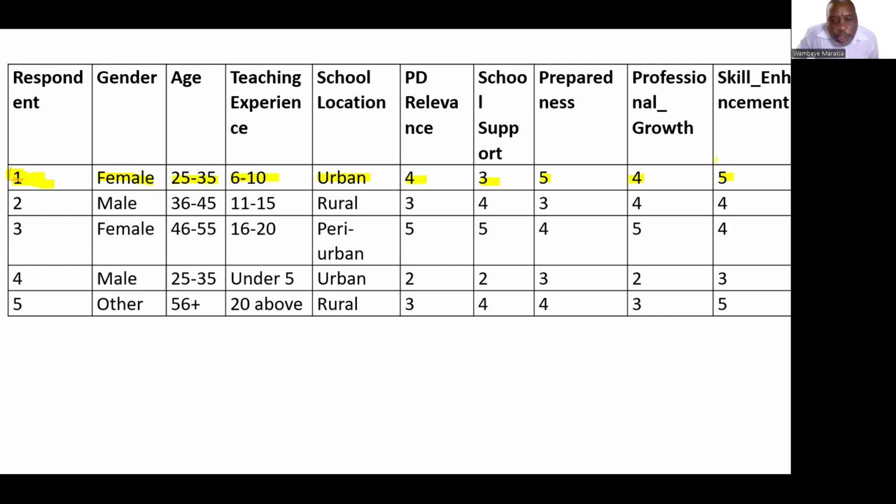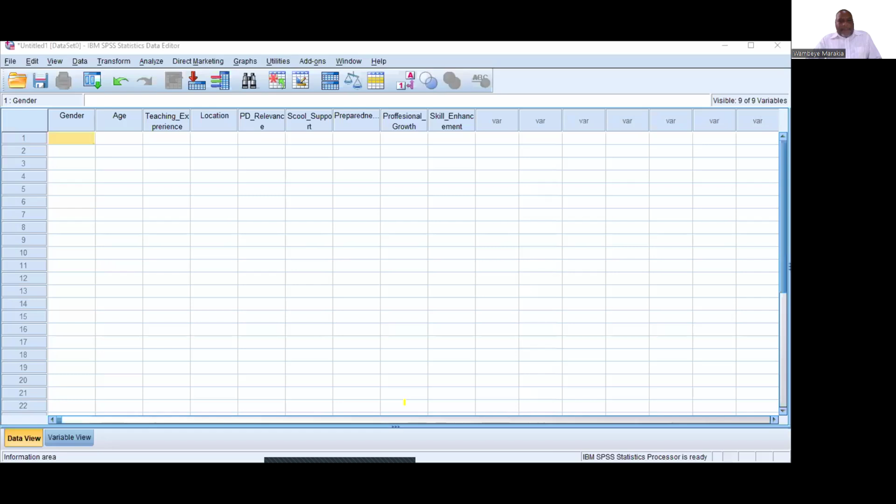So what we are going to do is enter this information in our SPSS, from this respondent. She said that she's a female, and from our coded data, female is labeled as 2.